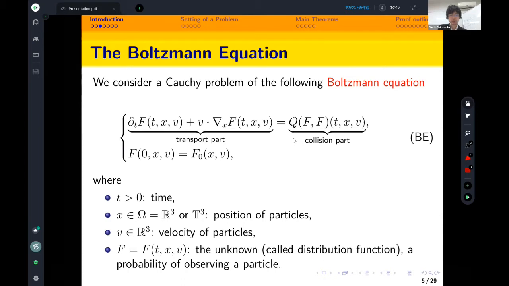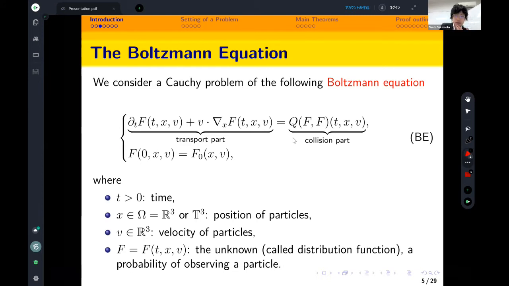This can also take values in R^3. And the capital F is the unknown function. Physically, this means the probability of observing a particle with velocity v at position x and at instant t.